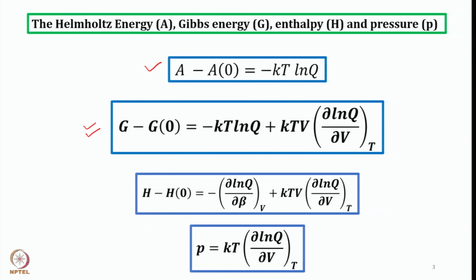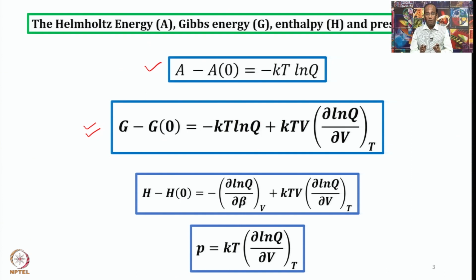Why do I say so? Because whenever we say criteria of spontaneity, the first thing that comes to mind is that the reaction will proceed in the direction in which the Gibbs free energy decreases, and it will come to an equilibrium where delta G becomes 0 at constant temperature and pressure. And that is why this expression for Gibbs free energy becomes very, very important.